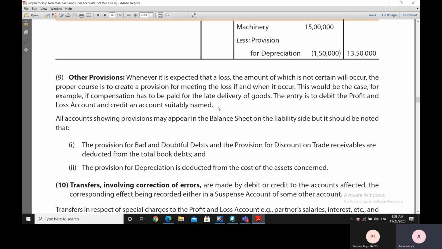For example, if we have delivered goods late, then we know that we may have to pay compensation for the late delivery of the goods. So we will debit the profit and loss account and credit a suitably named provision account by the expected amount of the loss according to our estimate.